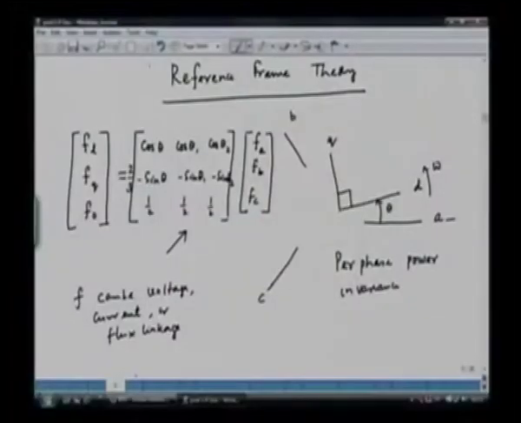So in this case, you can see that this omega can have various values, and accordingly we have so many systems. So if omega equal to 0, we call this to be a stationary reference frame.